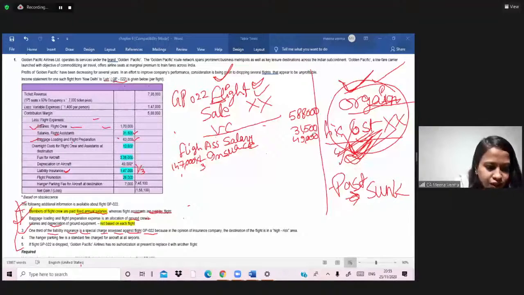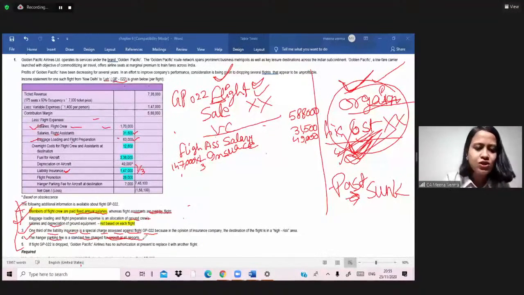Next point. The hangar parking fee is a standing fee charged for the aircraft at all airports. So this is the place where you kept the flight. It depends on the number of flights. If you increase the flights, you need more space to store them and incur more cost.